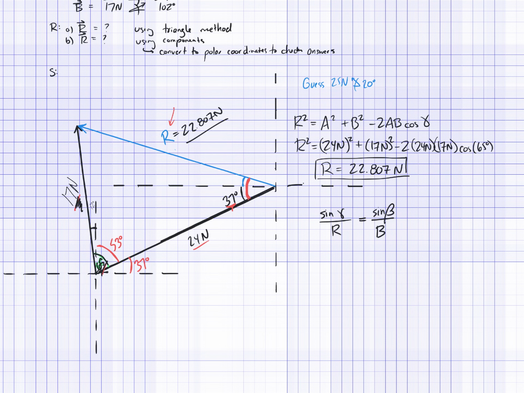So let's work on that. Sine of gamma, so that's the sine of 65 degrees over R, which is 22.807 newtons, pardon me, equals the sine of beta, that's what we're looking for, divided by B. Well, B is 17 newtons.